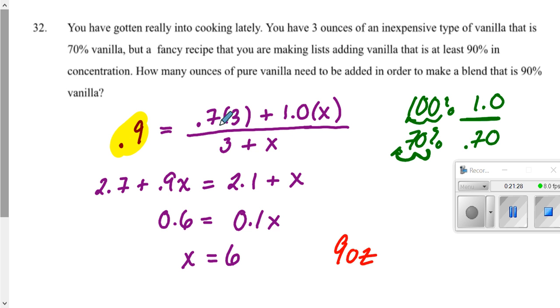And then I would say I have 2.1 ounces of vanilla in this part. And then I have 6 more ounces. So that's the equivalent of 8.1 ounces of vanilla. 8.1 out of 9. Is that going to be 90% or 0.9? Yes, it is. All right, so that math checks.